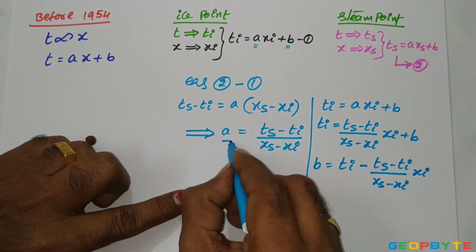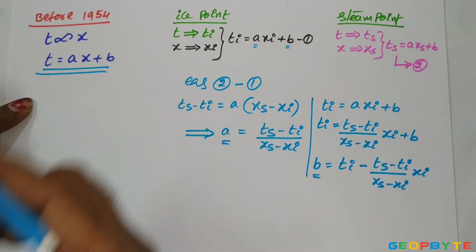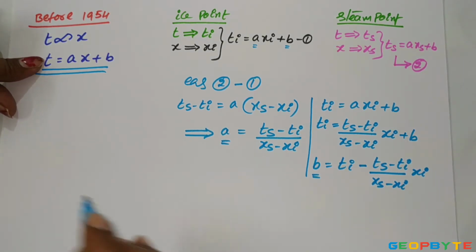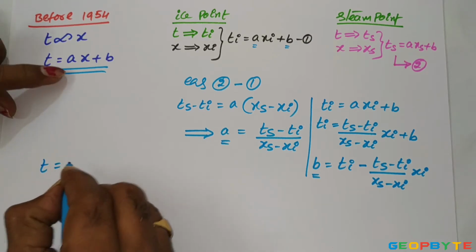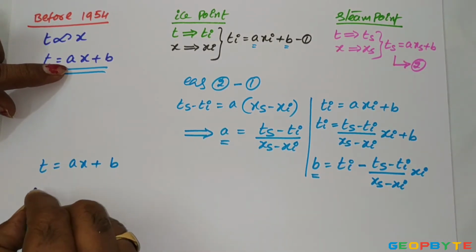So you put this A value and B value in the main relation for getting the general relation between the temperature and thermometric property. T equal to Ax plus B is the general relation.